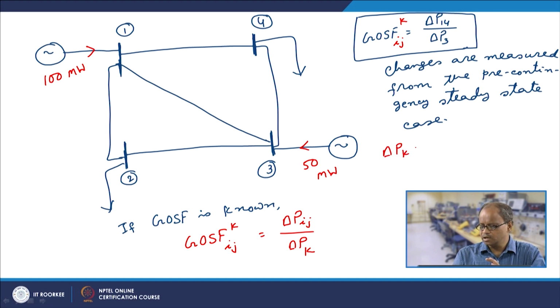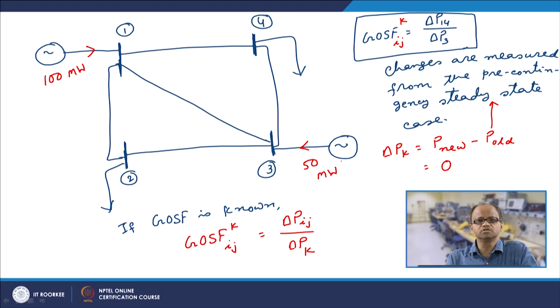Any delta P k is given by P new minus P old, where P old is the initial steady state value. If this generator goes out, what would be the value of delta P k? P new would be 0, because it is not giving any power, and earlier it was 50. So delta P k would be minus 50 megawatt.